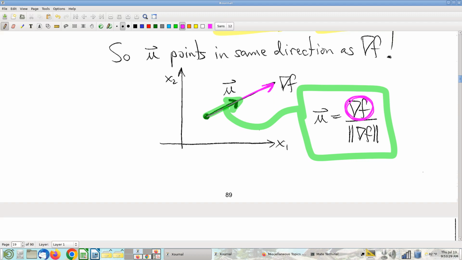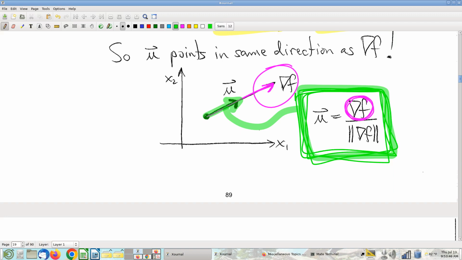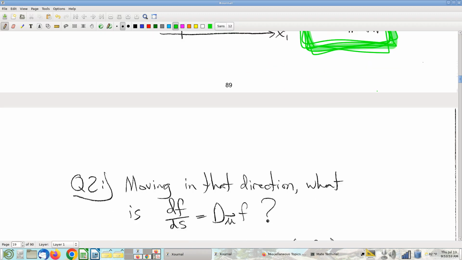The gradient vector is the vector that points in the direction that makes the function increase as fast as possible. Right? The direction of the gradient vector. That's what this answer is here. The direction, geometric feature note. The direction of the gradient vector is natural, as it's the answer to a natural question. So that's kind of cool.